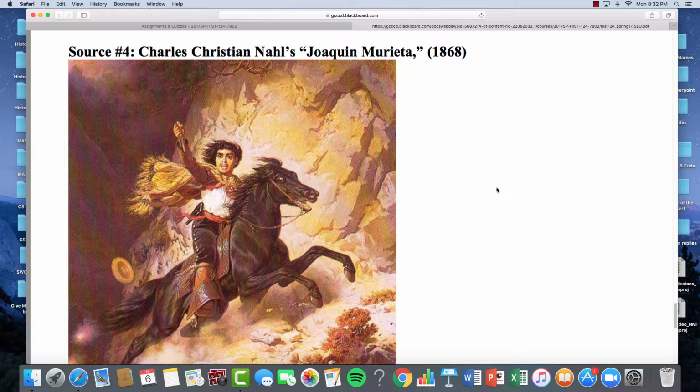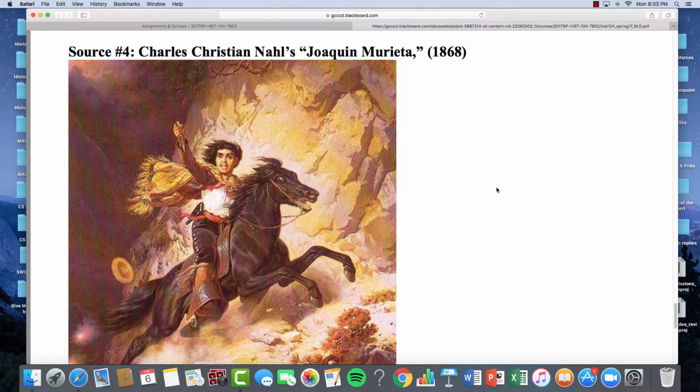So in other words, as you're looking at this, what is this painting telling you about how Mexicans perceived Joaquin, and what does it say about Mexicans pushing back against the new social order being imposed by Anglo-Americans in the years after the Gold Rush?